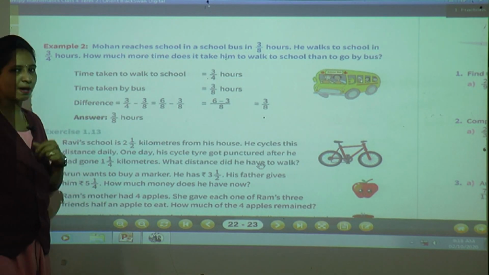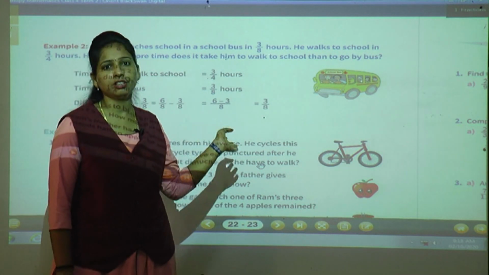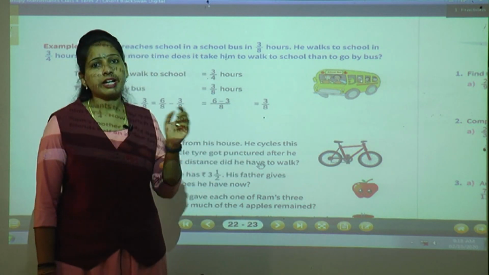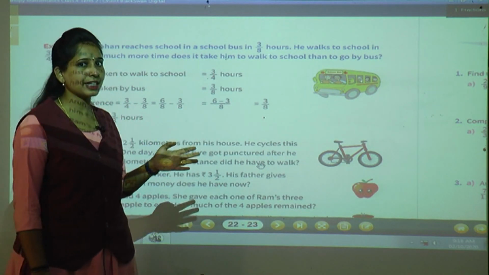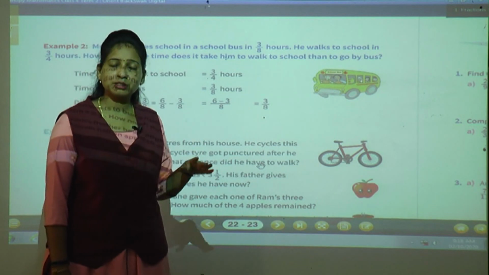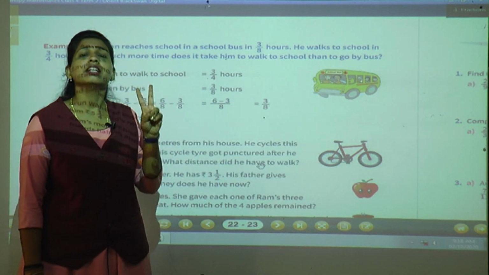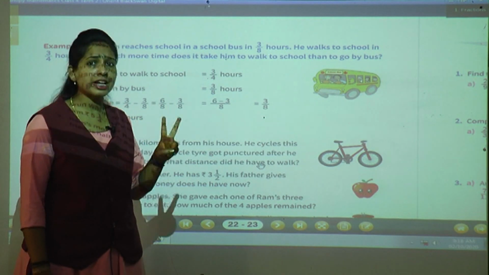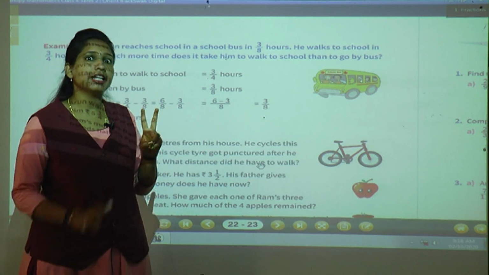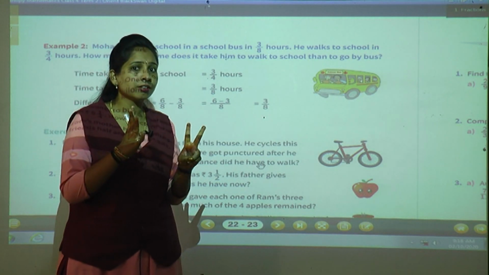If I give you an example, in this question they had given in fractions. Suppose Mohan reaches school in school bus in 2 hours, and if he comes by walking, it takes 4 hours. So how much more time does it take?